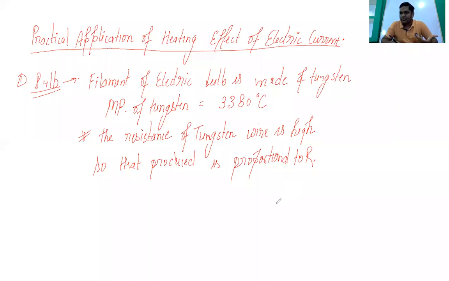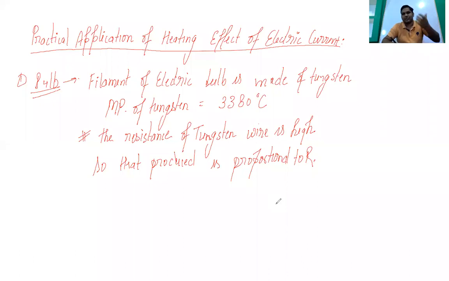So if you are talking about the amount of tungsten wire, it's up to the filament, basically the power of the bulb. If you are having a 100-watt bulb, 200-watt bulb, or 500-watt electric bulb, the quantity depends on that. So it's up to us what resistance we are taking, and we did not bother about the amount.